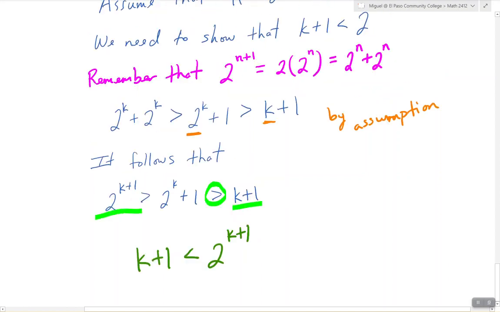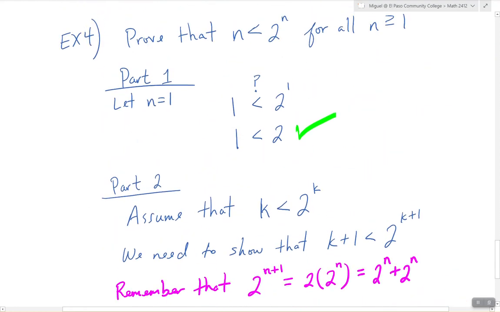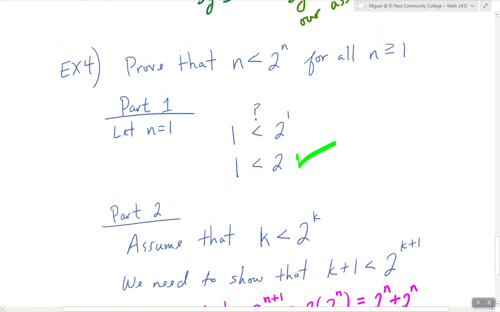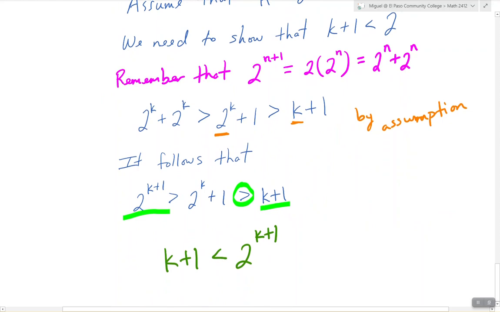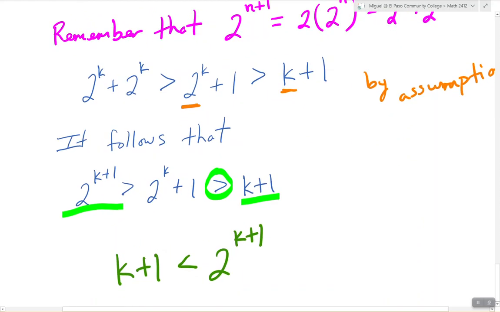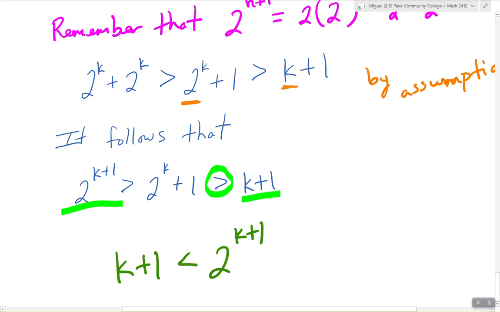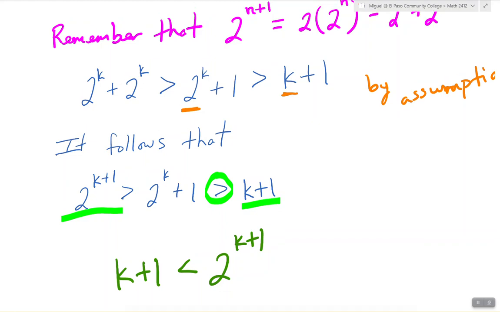Okay, and that's our proof for that next level. This was the original one, and we're using k, right? But n is less than 2 to the n, so we wanted to get to k plus 1 is less than 2 to the k plus 1. Just based on those inequalities we did, that was enough to show that. So I just flip this around: k plus 1 is less than 2 to the k plus 1.